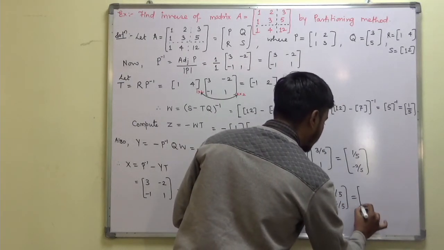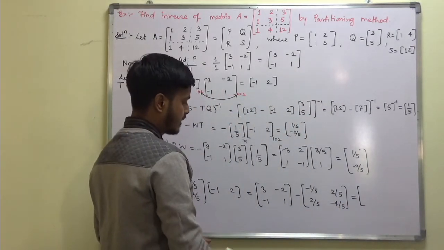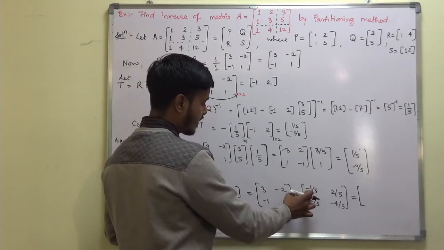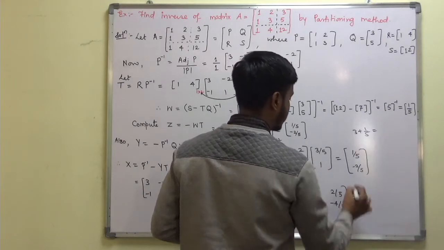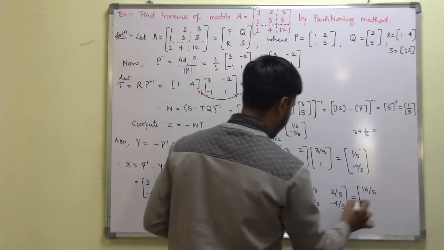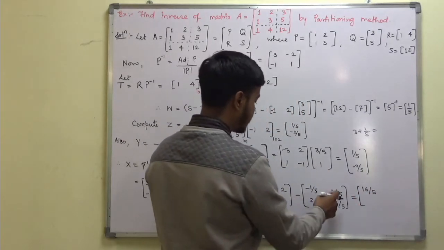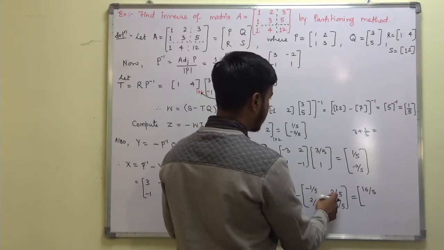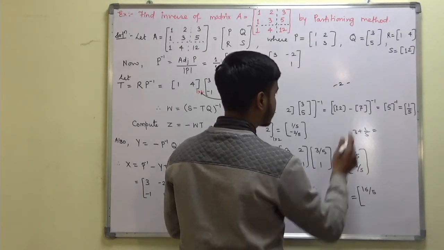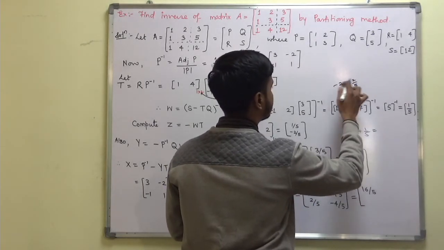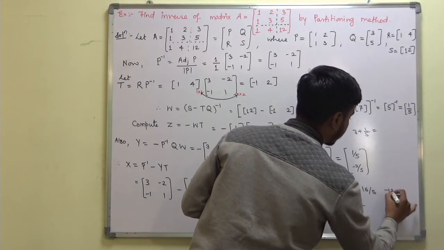So this comes out to be, so what is it? Now 3 minus 1 by 5, minus minus plus, so 3 plus 1 by 5, so this is 16 by 5. This is minus 2 and minus 2 by 5, so this is minus 12 by 5.